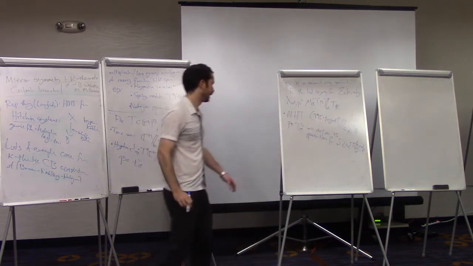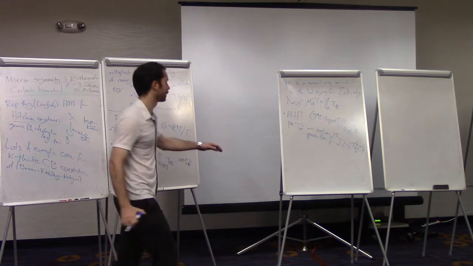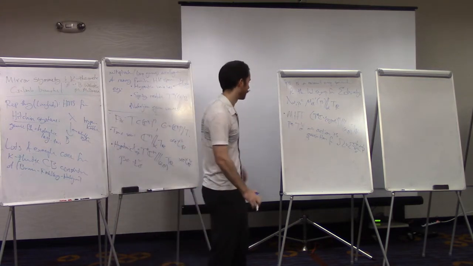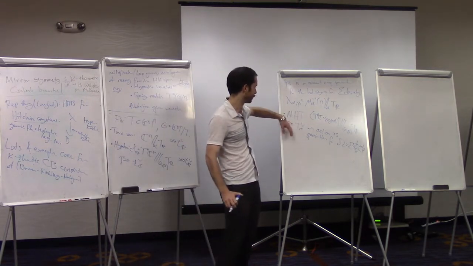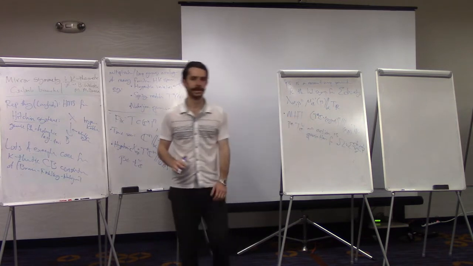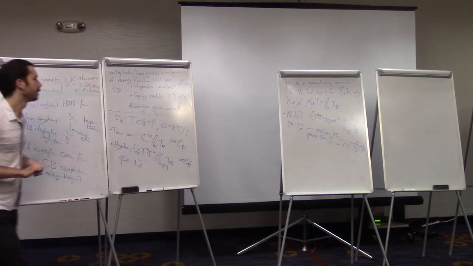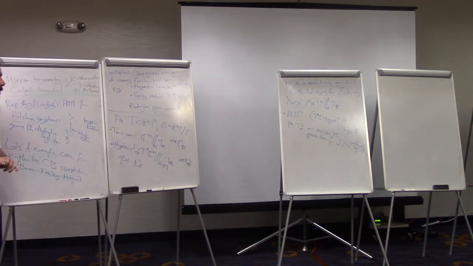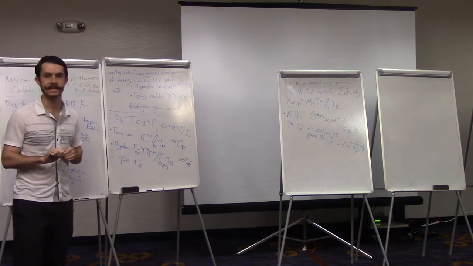So that means it has a group valued moment map. But otherwise, the definition is the same thing. I take the preimage of beta under this group valued moment map, and then I take a Hamiltonian reduction by alpha. Okay, so that's the definition of these spaces.